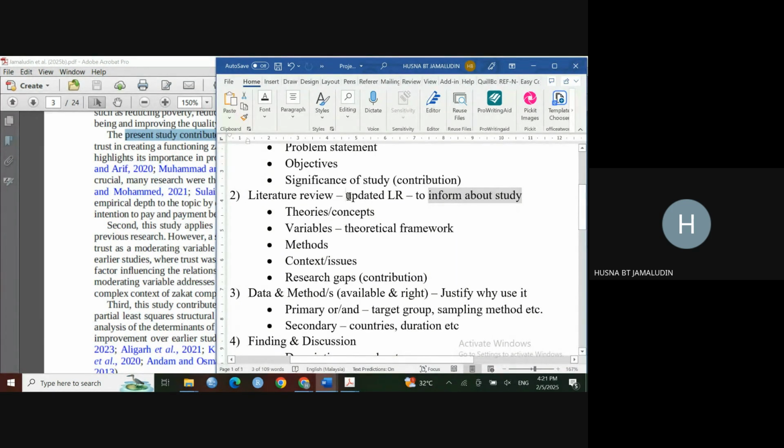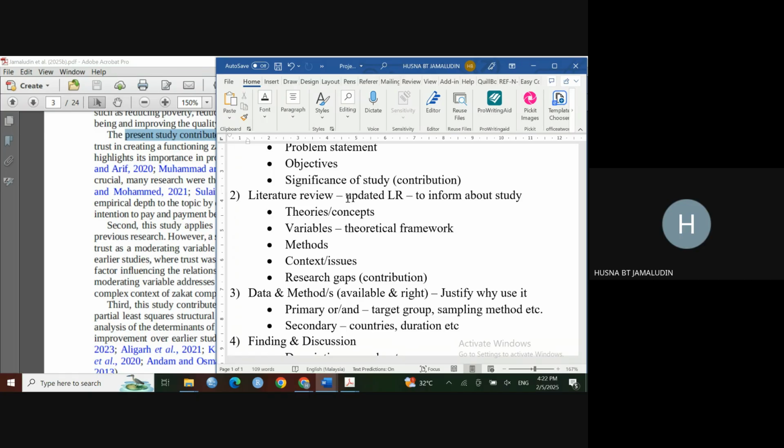That's why you have to have an updated LR, literature review. Some of you are giving a very outdated one. Don't do that. You can have older material, because sometimes you want to review the theory, right? The concept was introduced in the 1920s, 1950s. You can have that because that is your theory, but later on you have to update.